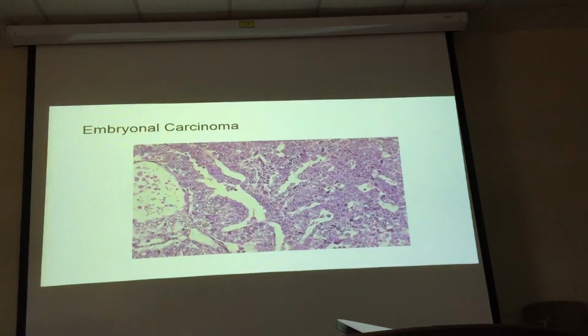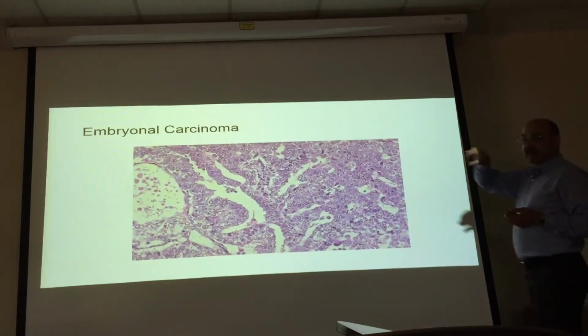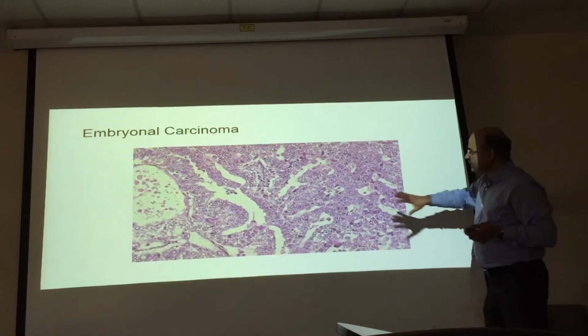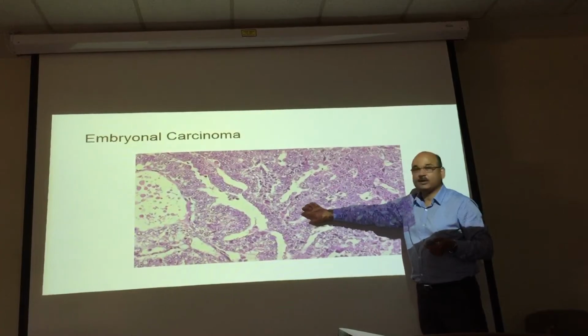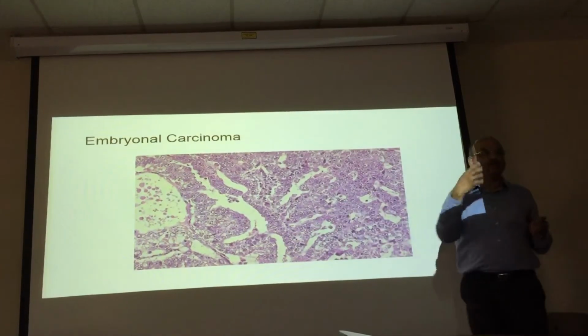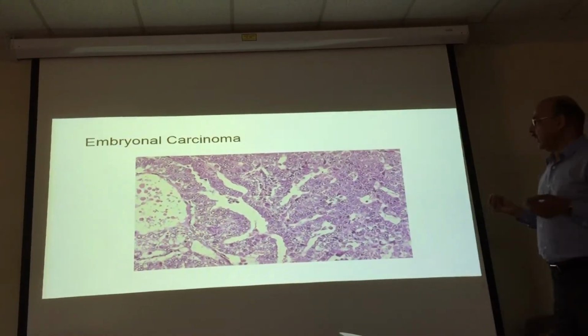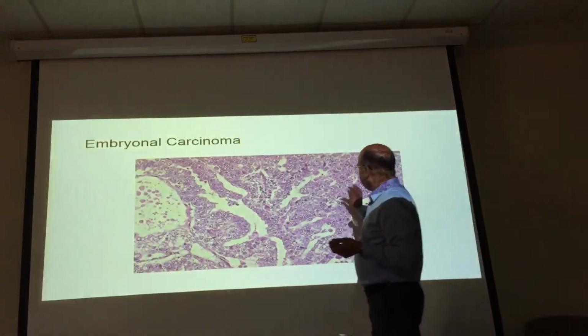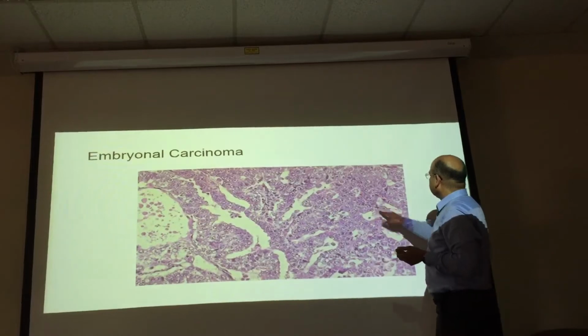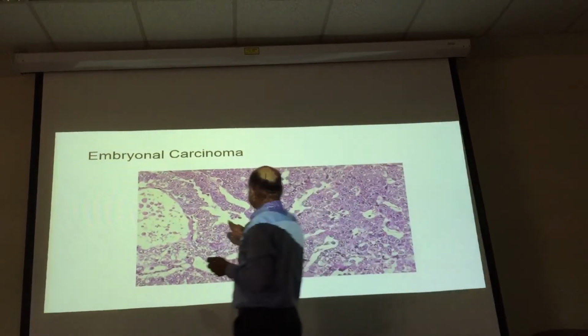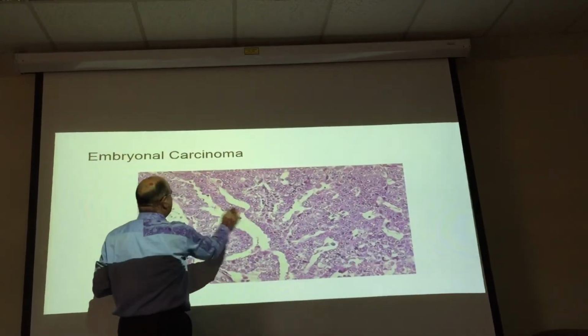Now this is embryonal carcinoma. This is a good picture. In my lecture there was not a good picture of it. You can see the large cells having basophilic cytoplasm, not clear cytoplasm. Cytoplasm is basophilic, bluish in color. And you can see they are forming solid areas and some glandular structures with lumen in them, or tubular structures.